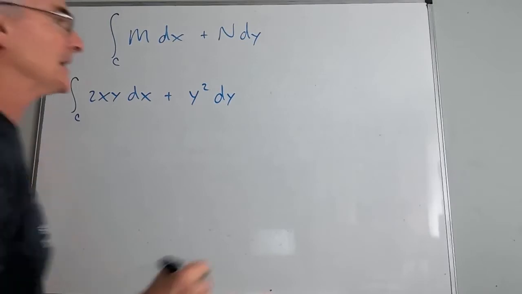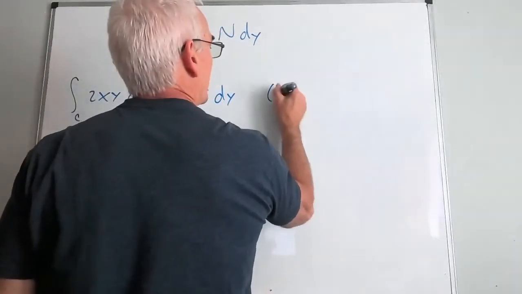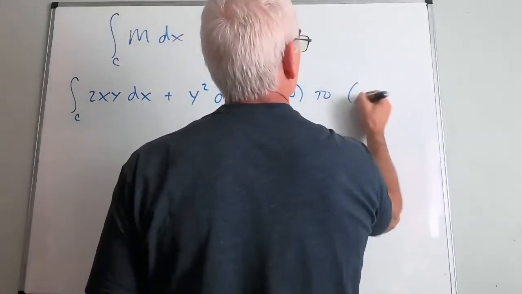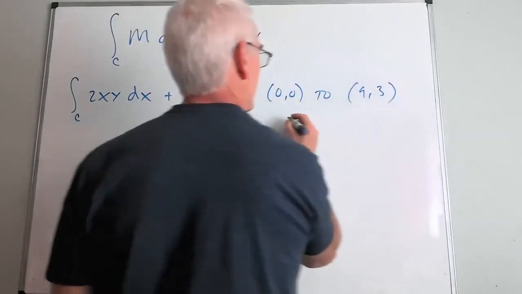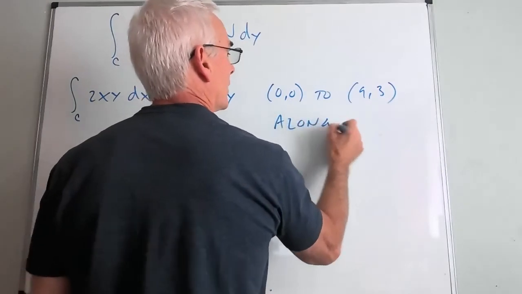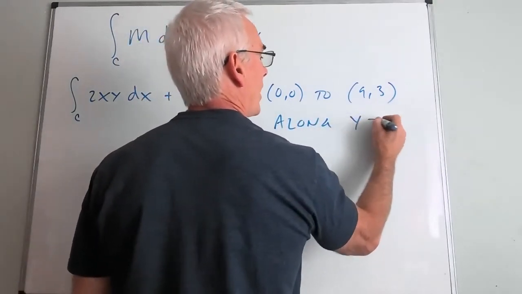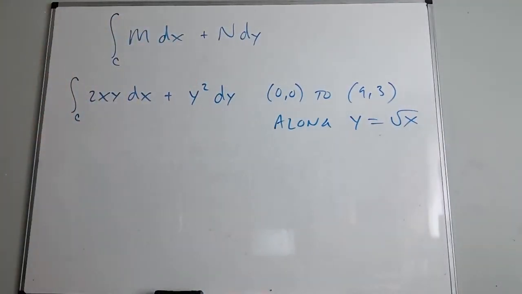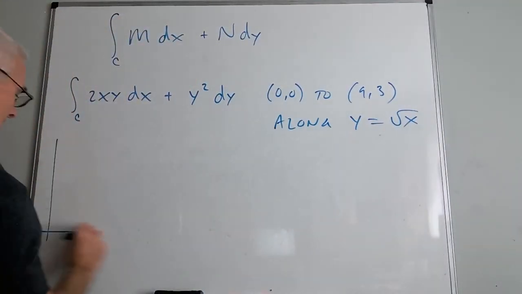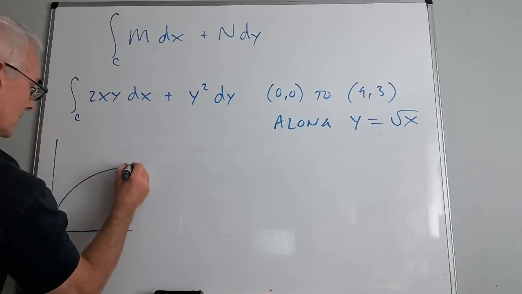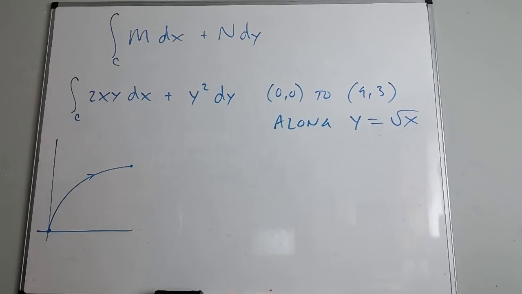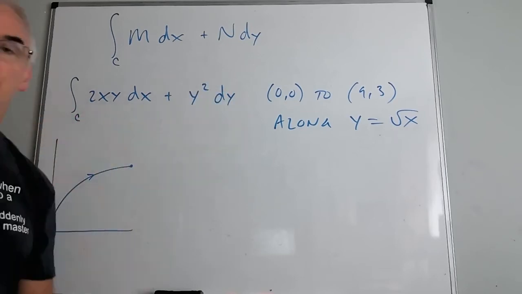And my path is, how about (0,0) to (9,3) along the path y equals the square root of x. So my path, I'm going from here to here. There's my path. I want to perform this integration along this path.